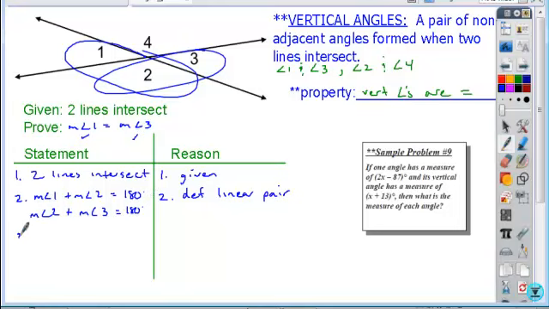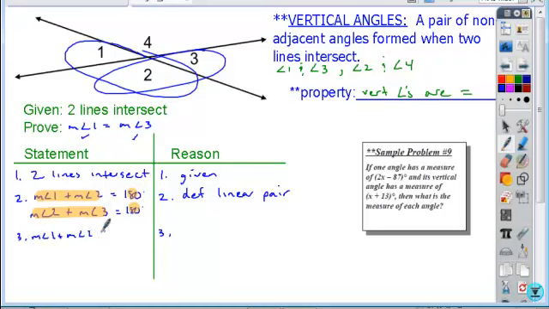The next step in our proof is going to be to somehow manipulate them so that angle 1 is on the left side of the equation, angle 3 is on the right side of the same equation. So what do we see here? We have two things that are equal to the same thing. Therefore, what can we say about those two things?